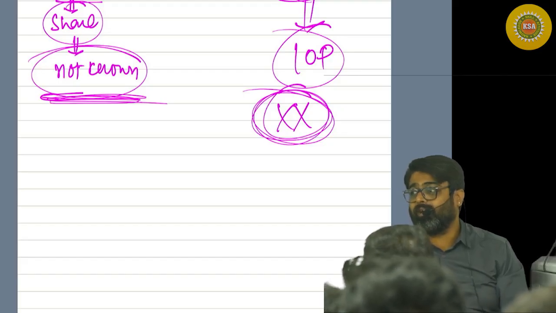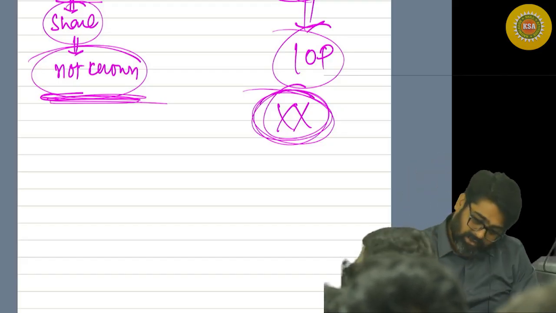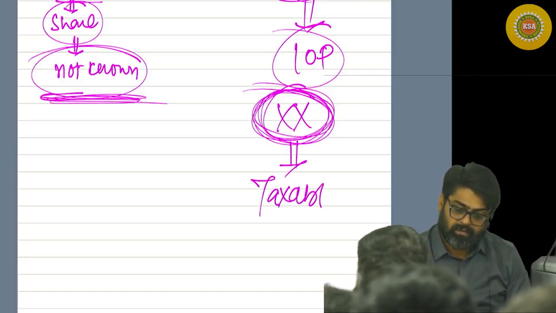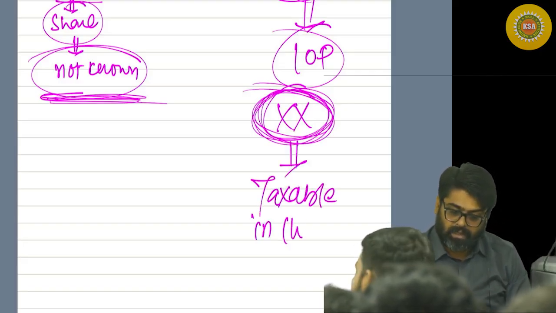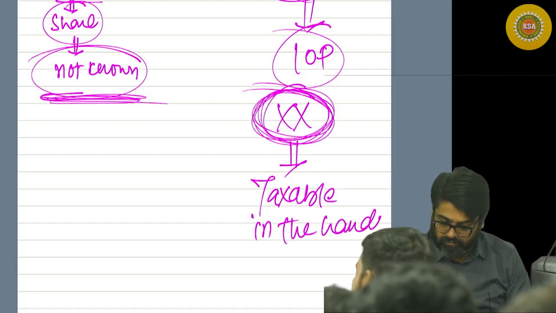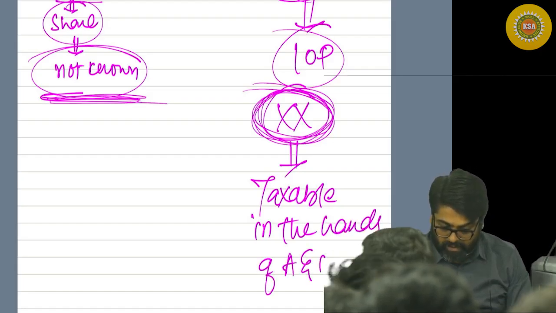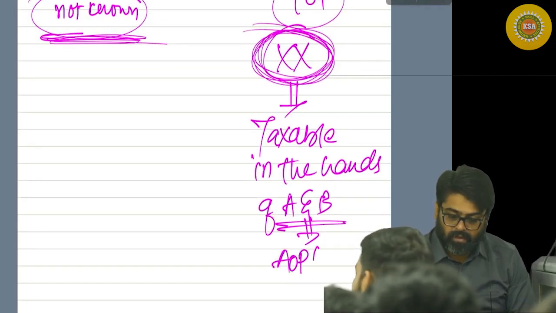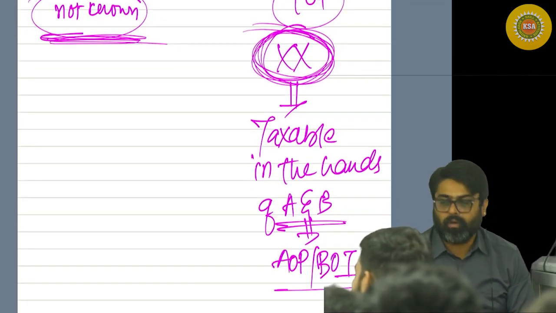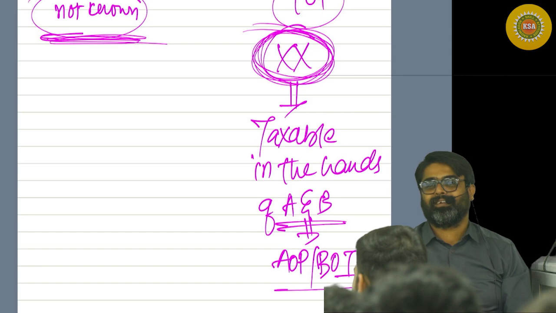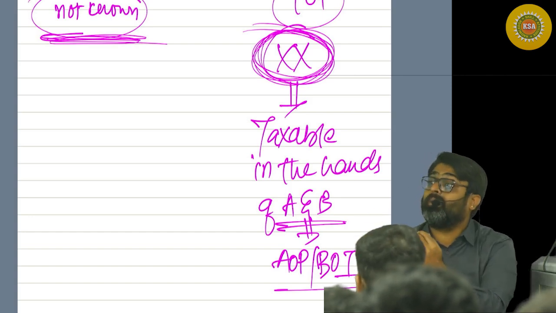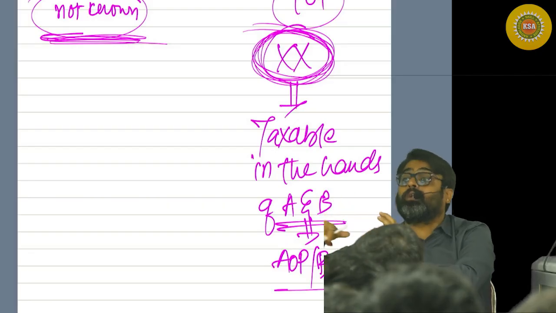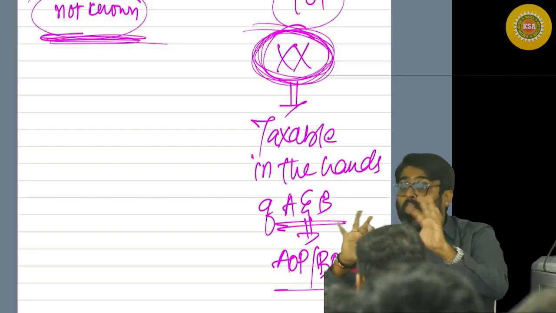Understanding? Now what will happen, you know? This entire income will be taxable in the hands of A and B by giving them a combined status of AOP or BOI. Now out of this, some income will be taxable individually to A, some income will be taxable individually to B. Is not possible.